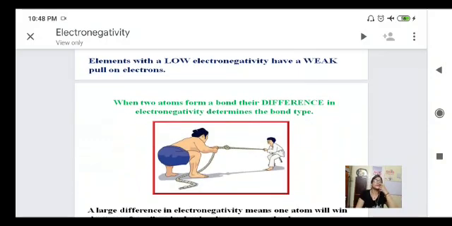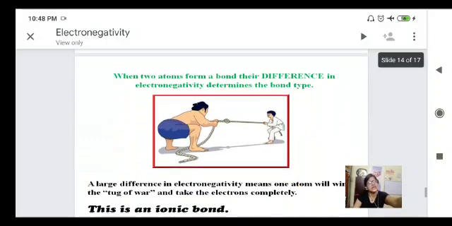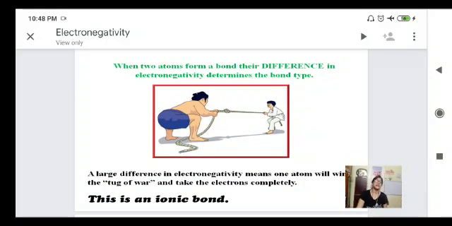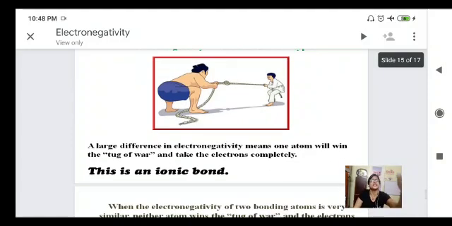Now, when two atoms form a bond, their difference in electronegativity determines the bond type. Many times I have told in this lecture that the bond type is determined by the electronegativity of the two atoms bonded together. The picture also depicts the same thing. Obviously, this will be an ionic bond, no longer a covalent or polar covalent bond, since the obese person, showing high electronegativity, drags strongly compared to the thin and lean person.